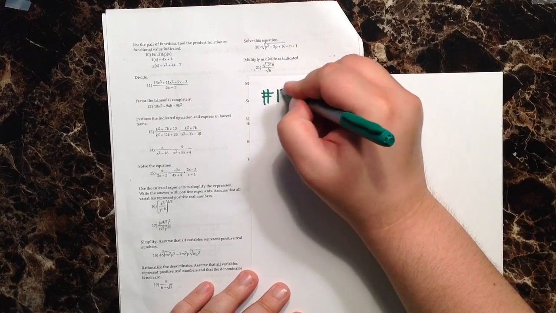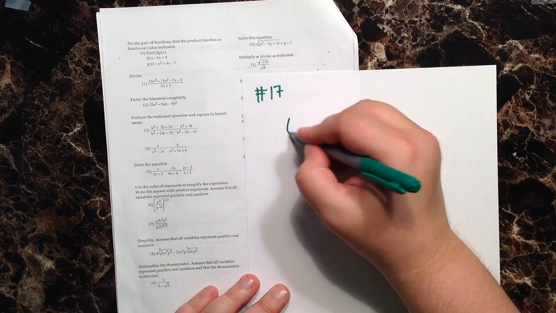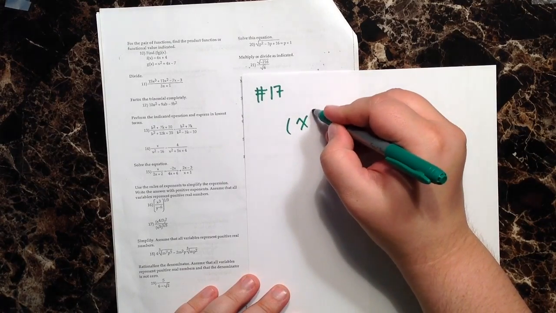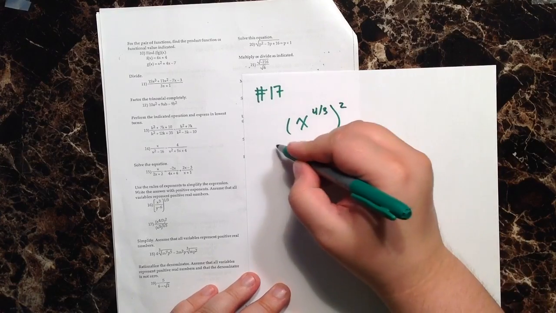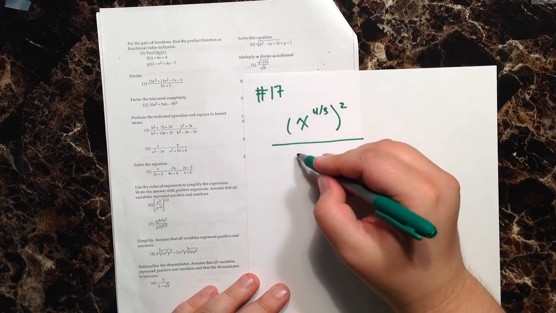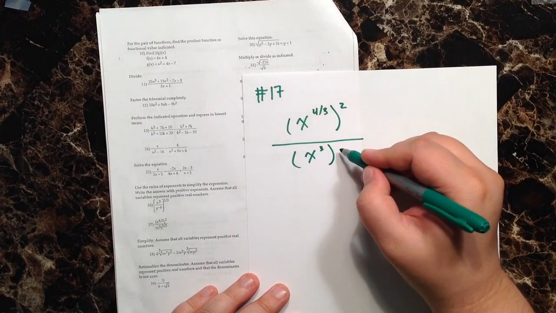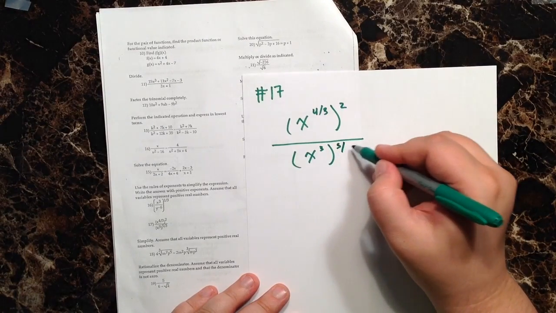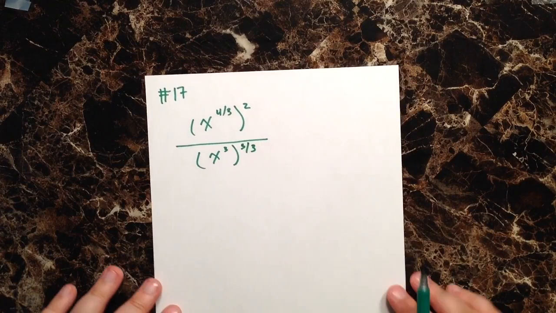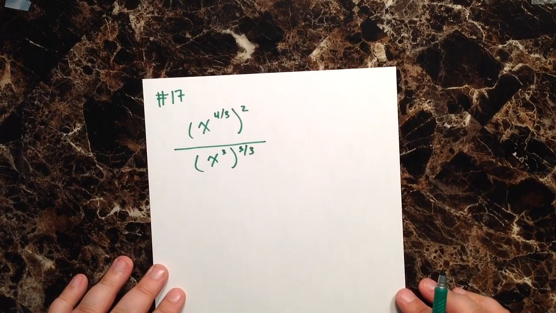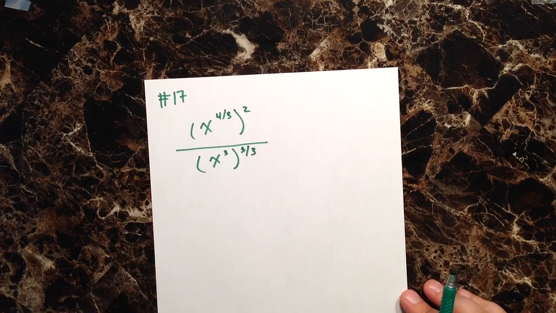Question number 17 gives us x to the 4/3 squared over x to the 3rd to the 5/3 power.